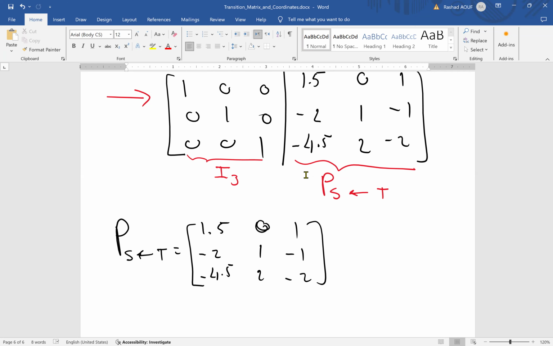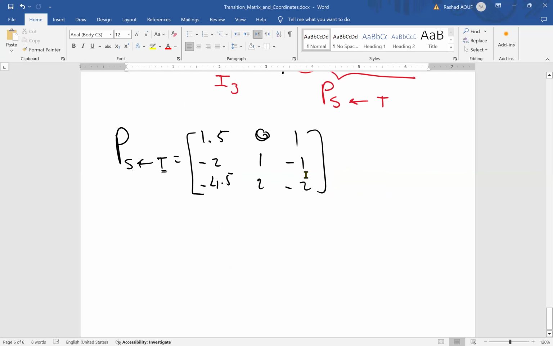So what does it mean? If I give you the coordinates of a vector with respect to T, and I ask you to find the coordinates of this vector with respect to S, the only thing we do is multiplication.